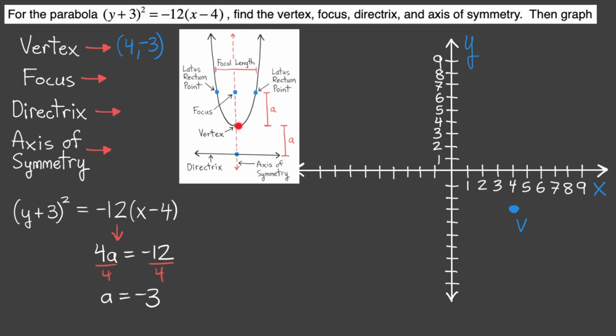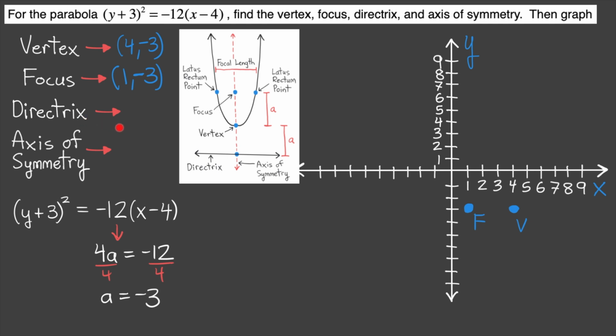So remember, we're going to go 3 to the left because it's opening left. So we're going to go 1, 2, 3. So our focus is going to be right there. I'll draw a point here. So our focus is going to be at 1, comma, negative 3. I'll go ahead and write that here. 1, comma, negative 3.